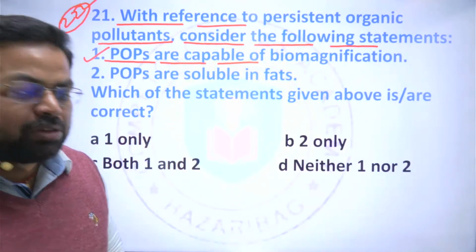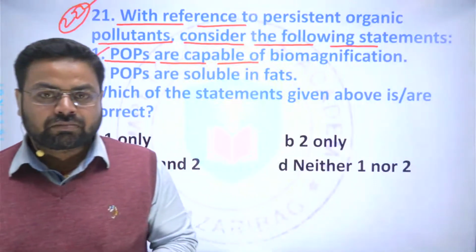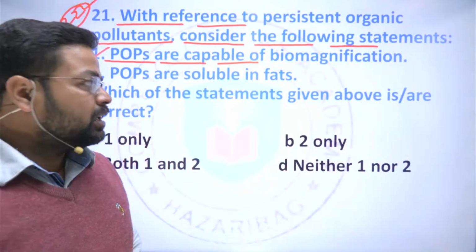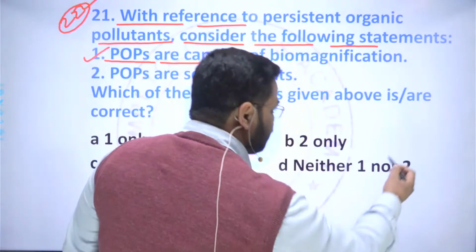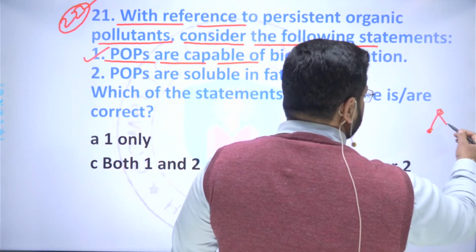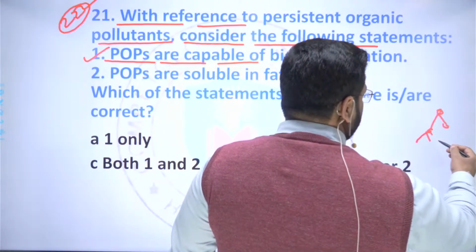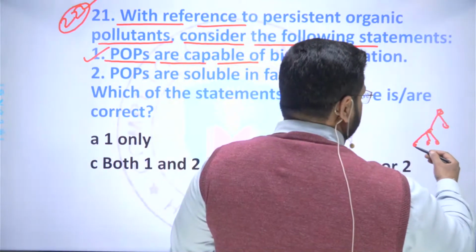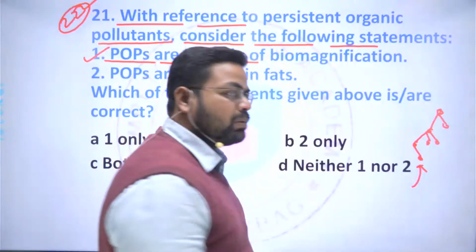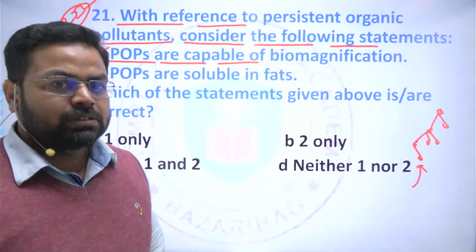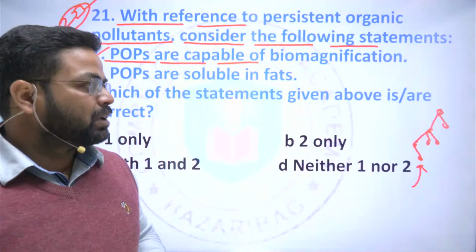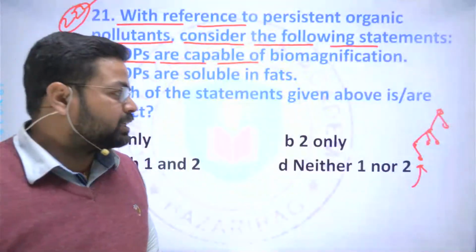So what does biomagnification mean? Biomagnification means that if there is a food chain, right? The higher order animal, below that there are some animals, and below that there are some animals. So if this animal or plant, that may be a carnivorous food chain, that may be an omnivorous food chain, it doesn't matter.